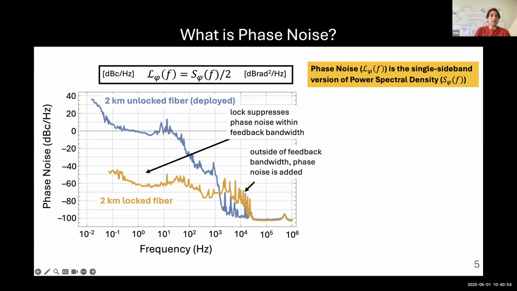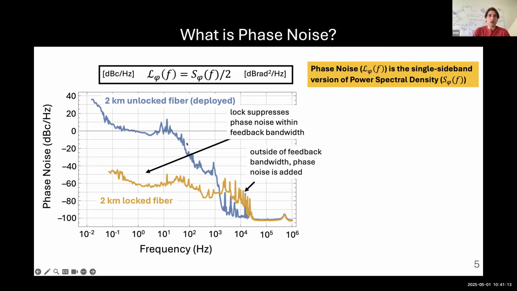So that's the C in dBc here. It's a weird convention. It doesn't always make sense, but this is kind of what we use in the clock community. Yeah, so it's related to power spectral density in this way on top here.